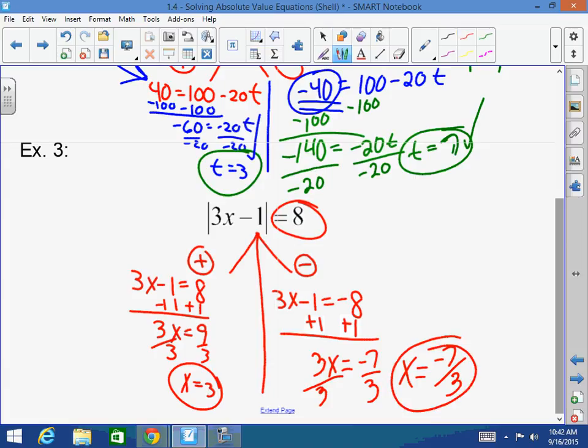We have to check it though, brothers. We have to. What's 3 times 3, minus 1? What's the absolute value of 8? 8 equals 8. That works. What's 3 times negative 7 thirds? Negative 7. Good job. What's negative 7 minus 1? What's the absolute value of negative 8?